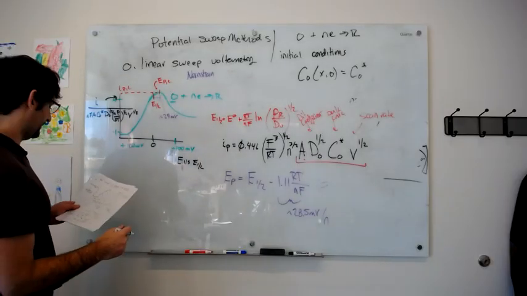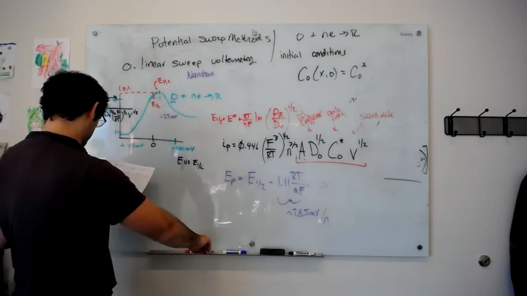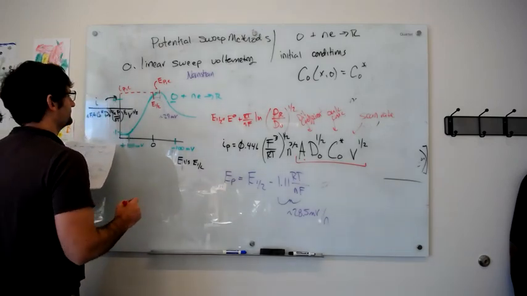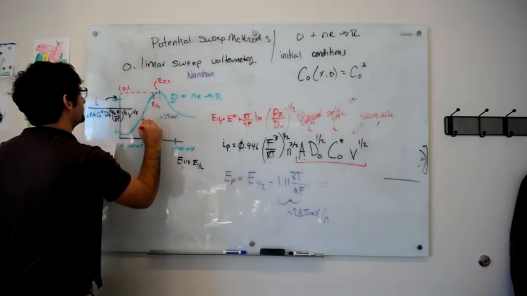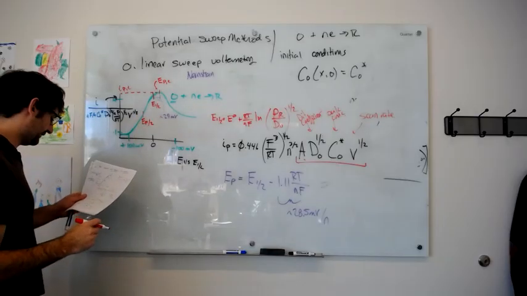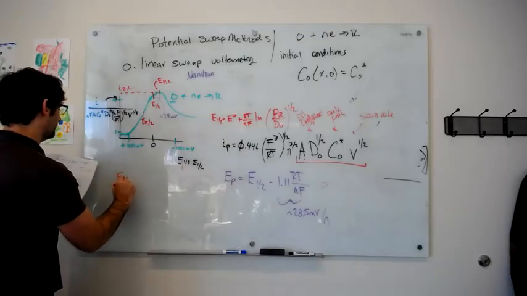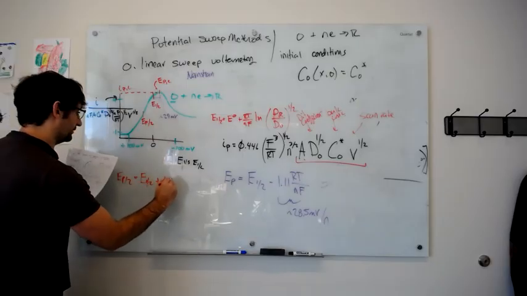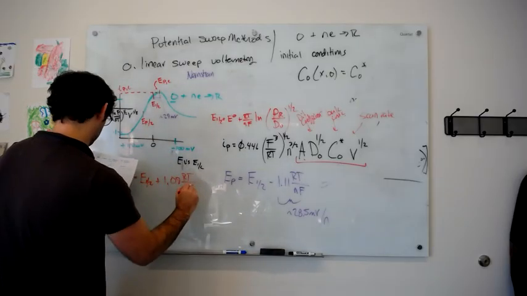And we can also define something called the half peak potential, which is a little bit easier to measure sometimes. Here's Ep/2, so that's where the current is half the peak current. And Ep/2 equals E1/2 plus 1.09 RT over nF.